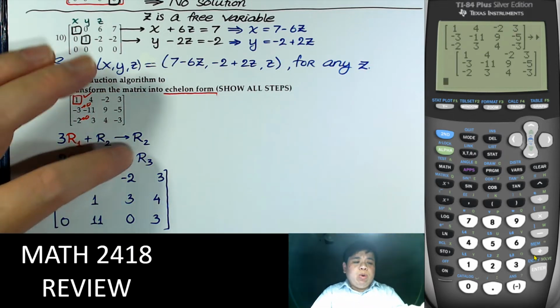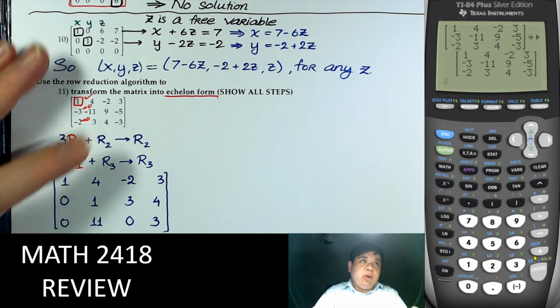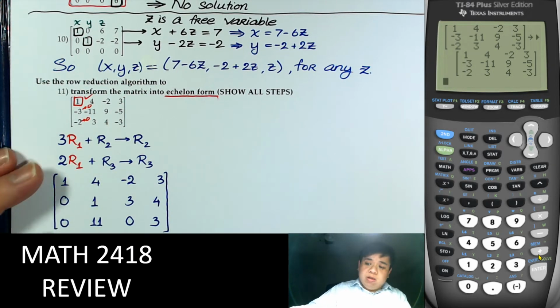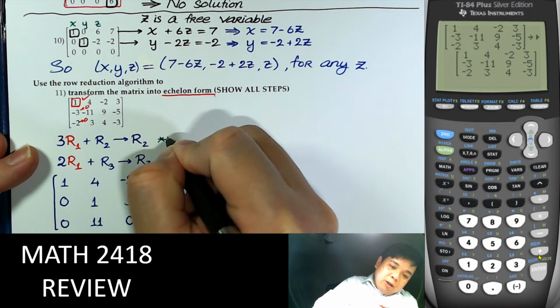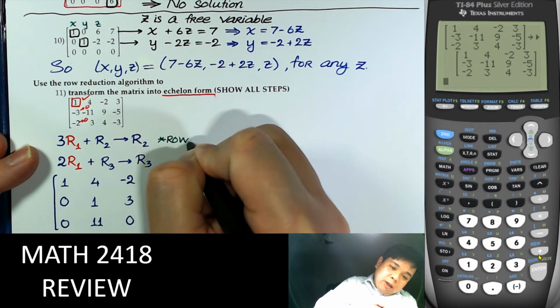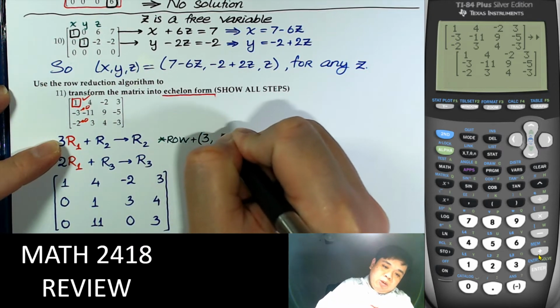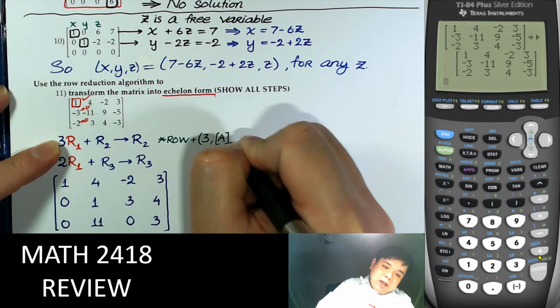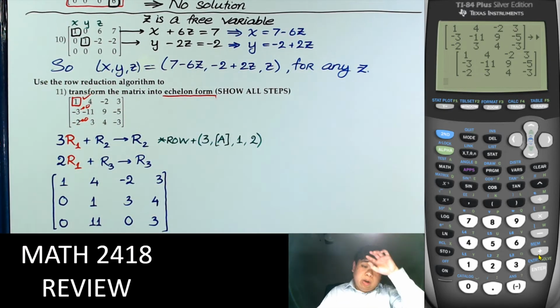Now we do this operation. That means we multiply 3 to row 1, add and replace to row 2. The syntax in the calculator for that is multiply row and then add. In particular, multiply 3 into the matrix A, row 1, and add and replace to row 2. That's what we're going to enter.